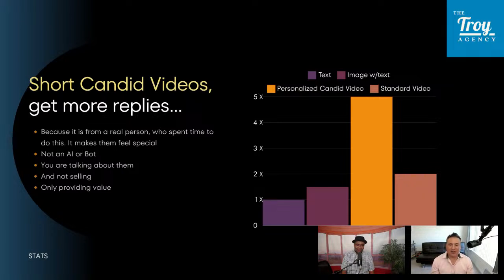A standard video is if I created a video for the whole category and I reused the video and wasn't talking to them specifically. A candid video is I'm talking to someone very specifically, usually between 20 and 45 seconds, and I'm doing it on the fly. Those convert the best because you can talk about them.